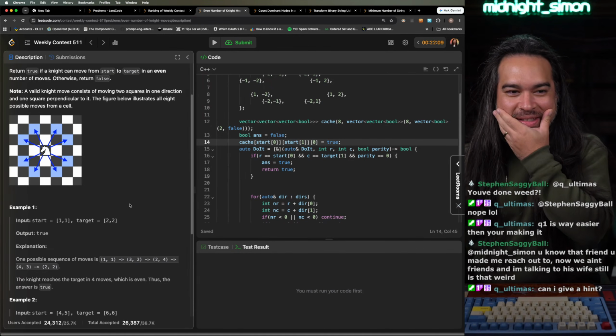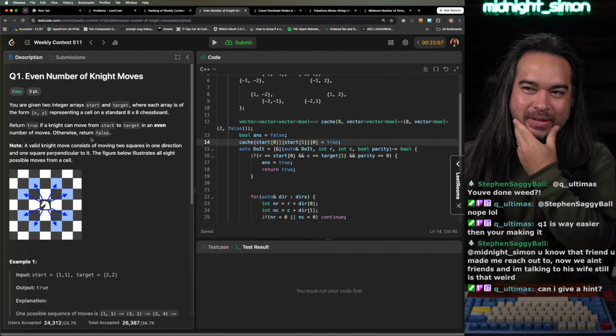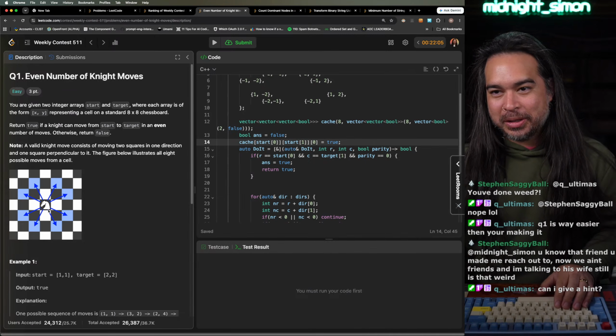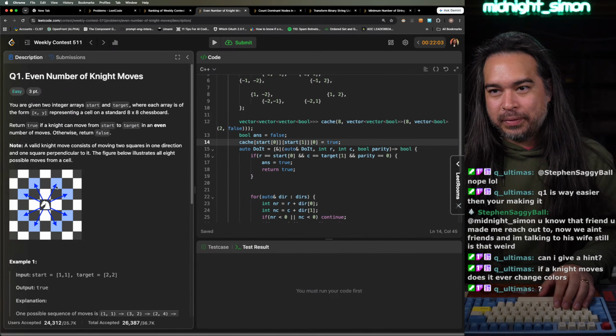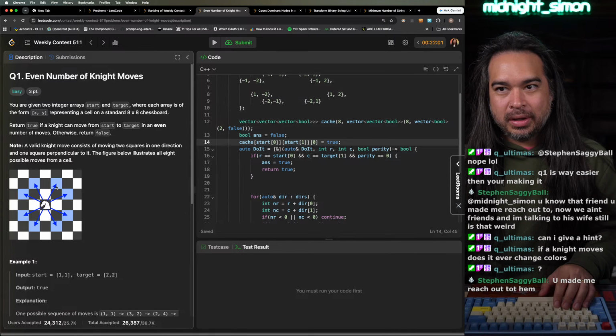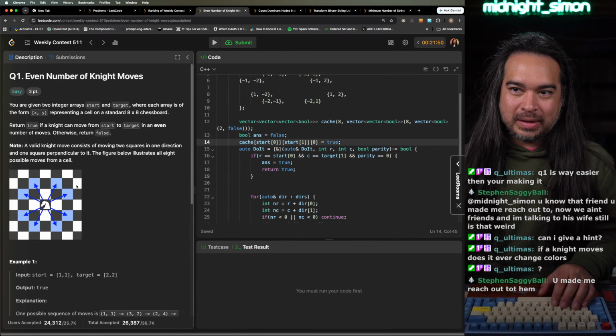Can I give a hint? Yeah, Q, give a hint, because I already kind of moved on from this. But Pixel Pusher already told me that if you move one or two... Anytime it moves, it changes colors. So if you move twice, then it's on the same color again that it started with.